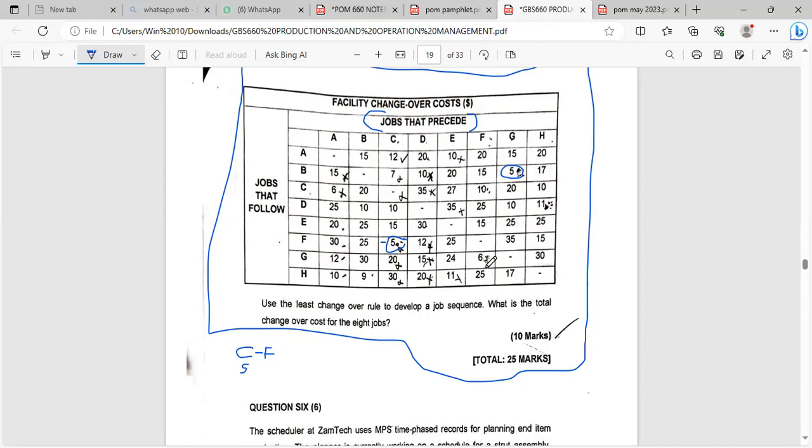I'm happy that you're following. So you go for it. Then the following job will be job G. You have to check the 6 there. You have already worked on job F, so you have to know which one follows. So it's G. Come to G. G has now started. The smallest cost in G is what?